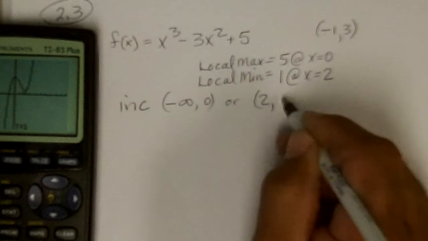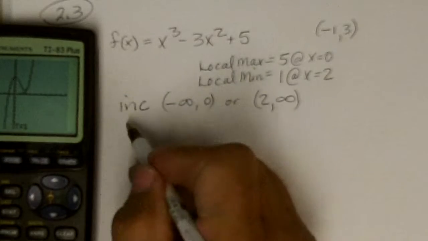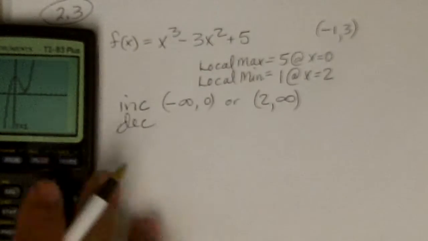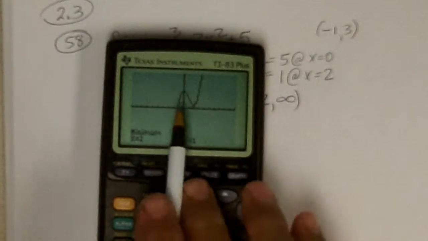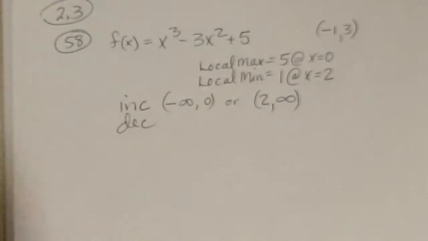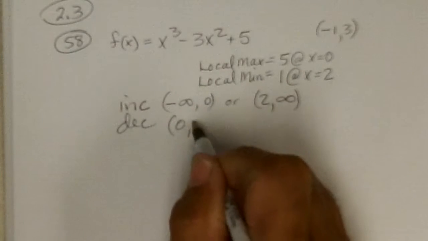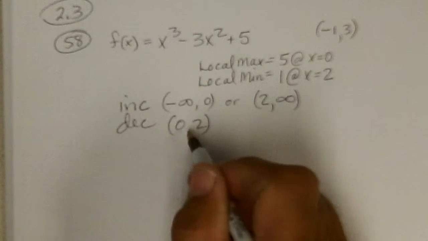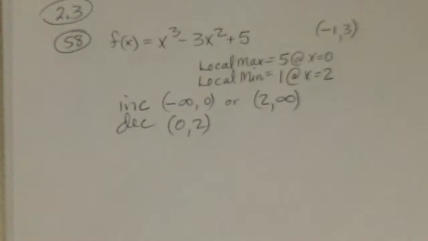From 2 to infinity it's increasing, and it decreases on the interval from x equals 0 to x equals 2. So from 0 to 2, these are the x values for where the function is going up or down, increasing or decreasing.